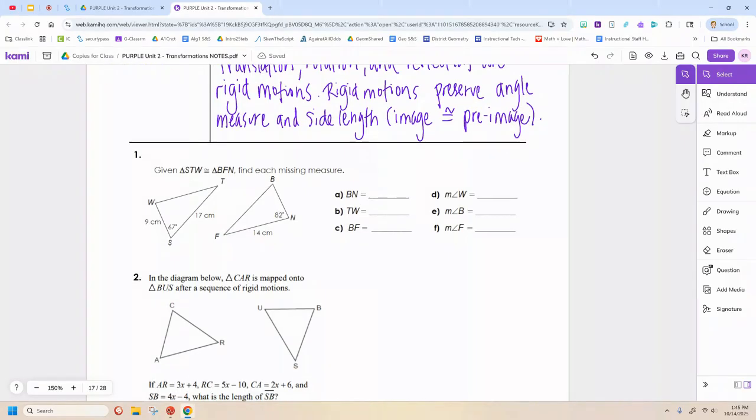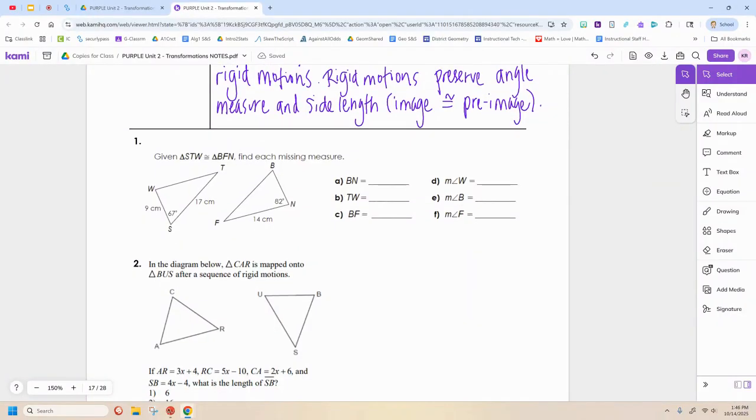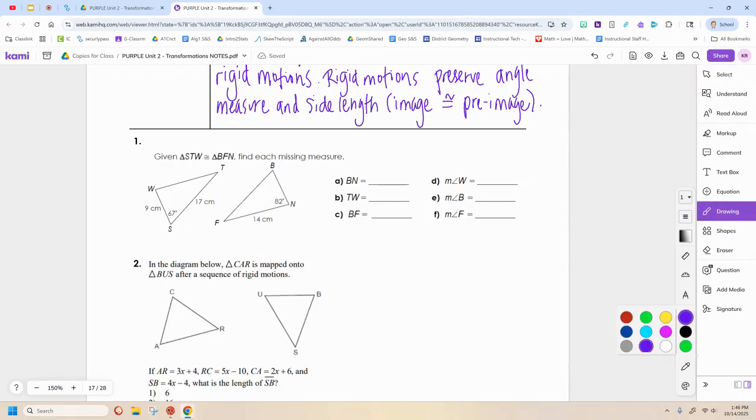So given triangle STW is congruent to triangle BFN, find each missing measure. So when our shapes have been moved around, sometimes it's difficult to see what corresponds with what. So what you want to do is take this information, which is our congruency statement, and line up those letters.